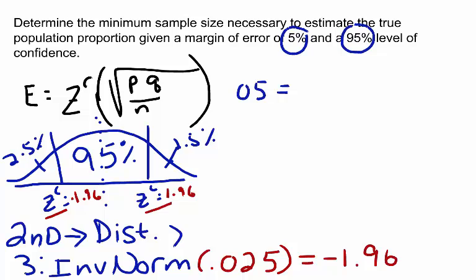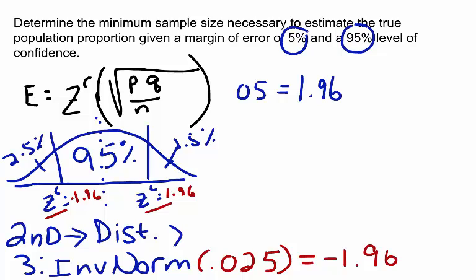We'll use positive 1.96 since at a certain point in this formula, we'll be squaring both sides, and whether we use positive or negative 1.96, we're going to end up with a positive result.